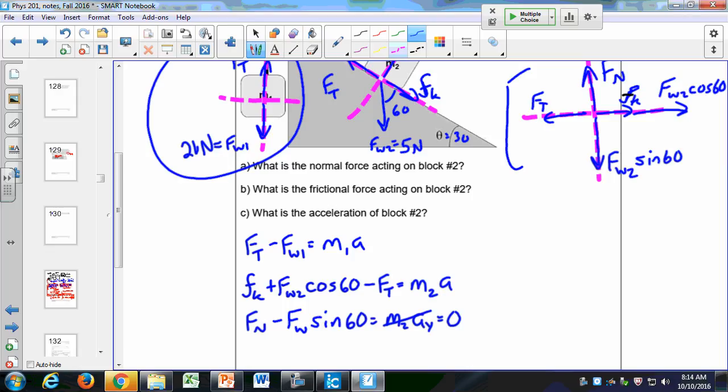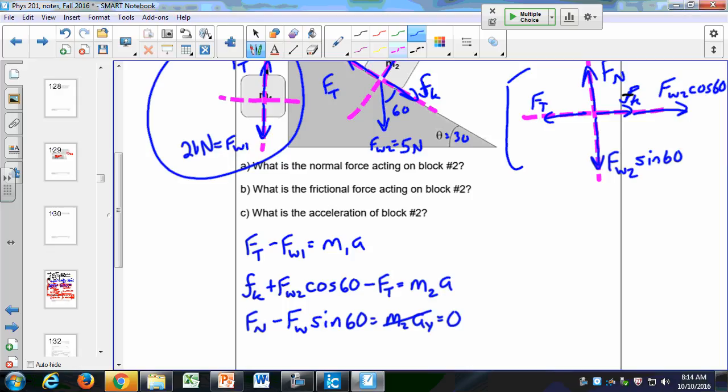Okay, the first two questions you can probably answer fairly straightforwardly. How do I find the normal force? Can I find the normal force from the first, second, or third equation? I can find it from the third, because I know Fw2 and I know the angle.